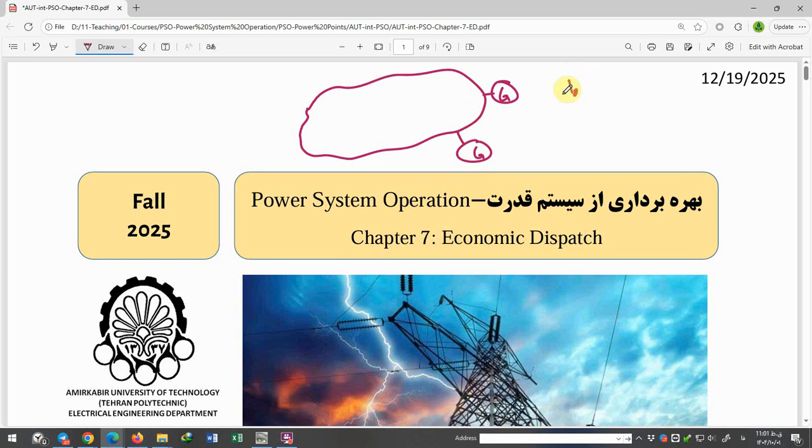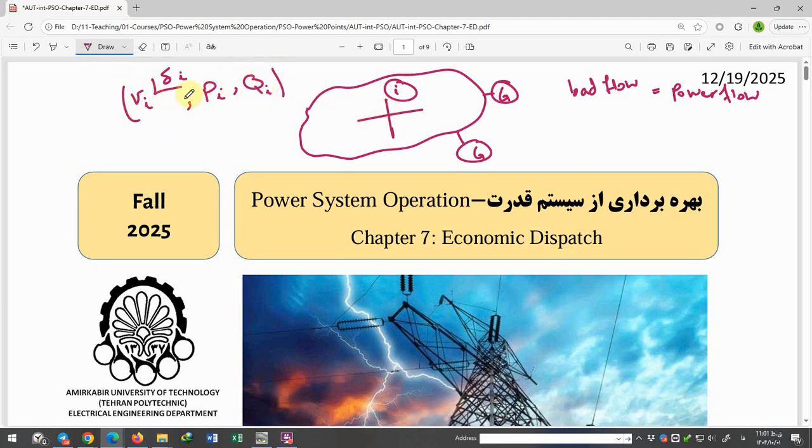In load flow, after you run load flow or power flow, you calculate that bus number I has which voltage and which angle, and after that the active and reactive power injection in bus I we determined.